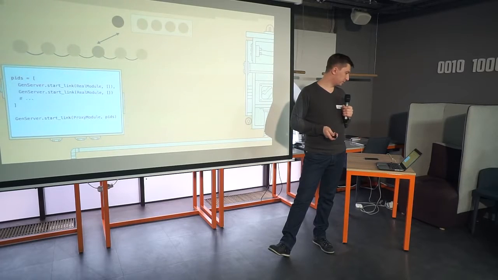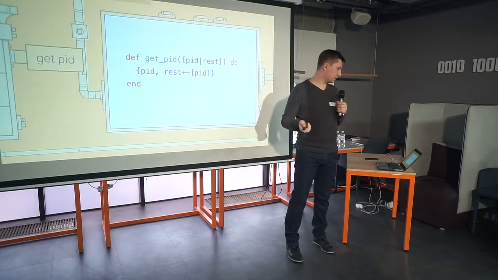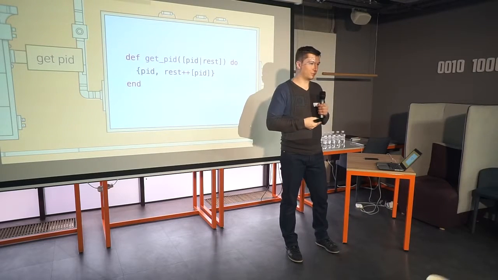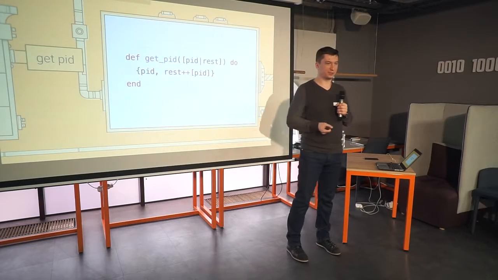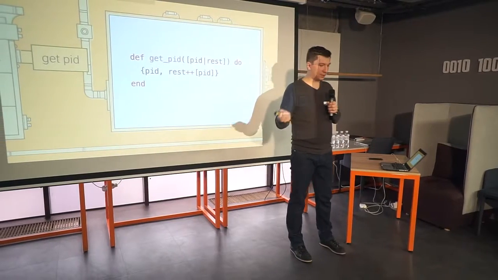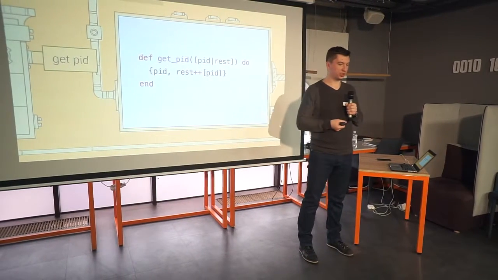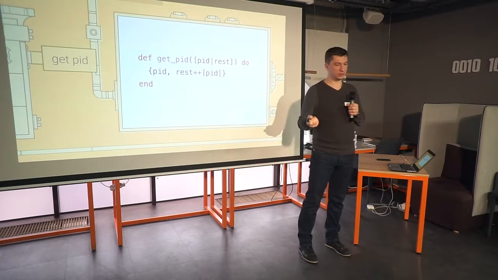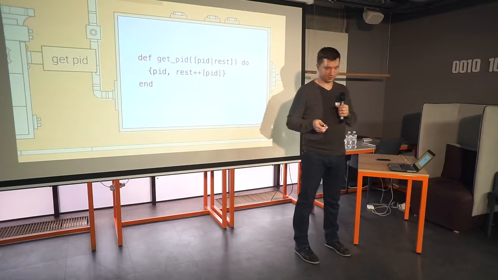This is pretty simple, and getting an actor from the pool is also pretty simple. Of course, there are a few libraries which simplify it, but the idea is more important than the implementation.